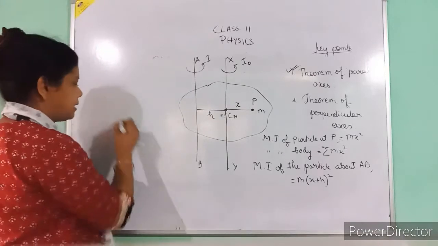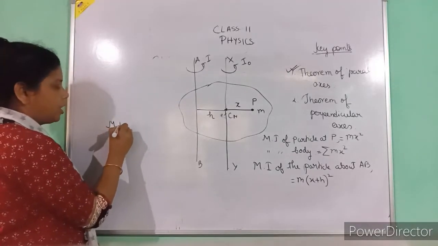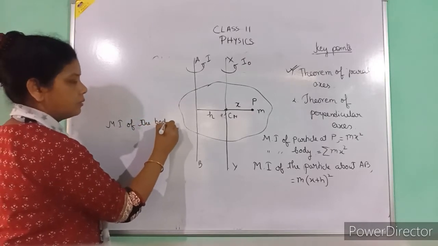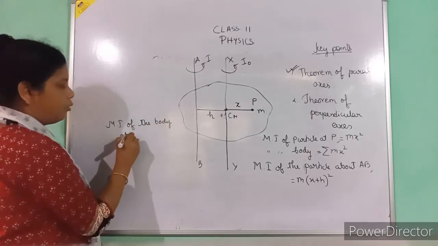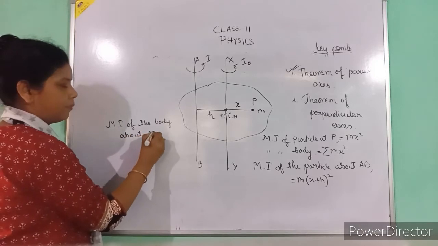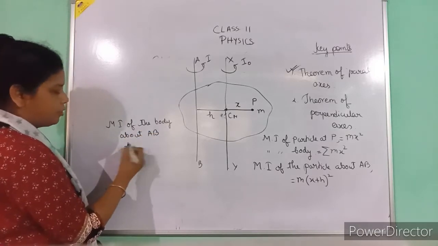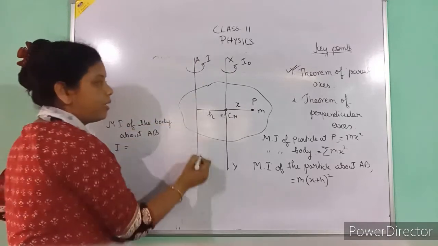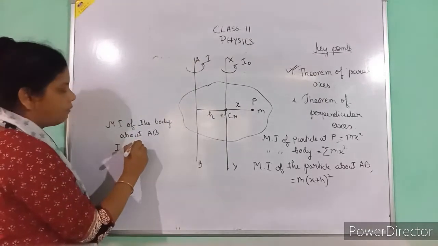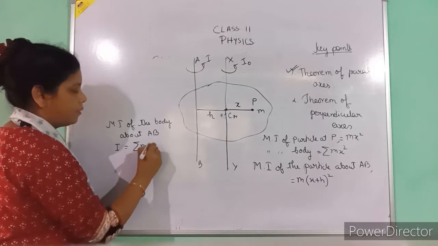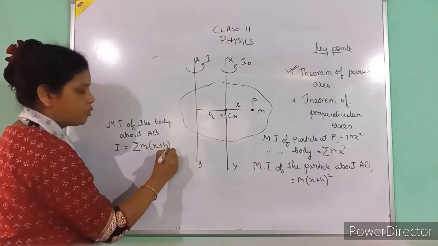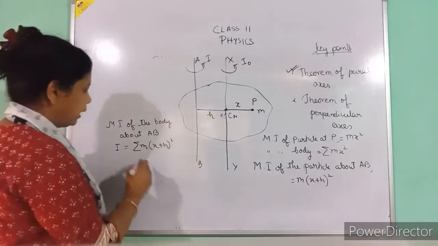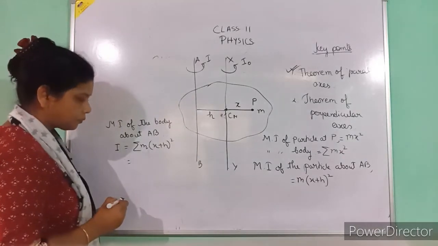Now if I ask the moment of inertia of the body about AB, I will be equal to sum over m x plus h whole square, because we have to do it for all the masses.